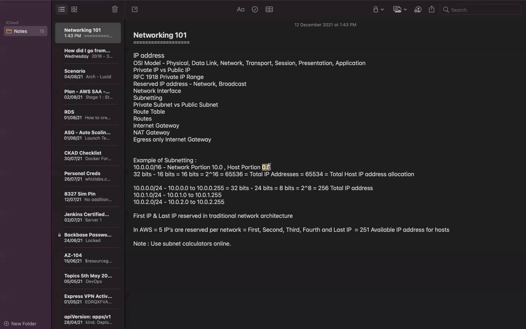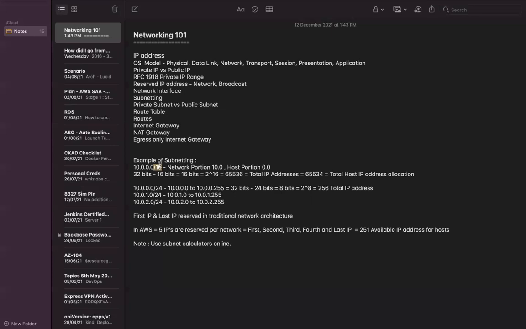So you can see over here, on the whole, an IPv4 address is 32 bits minus 16 bits, which are fixed for the network portion, which means you still have 16 bits, a combination of zeros and ones in binary. So that is 2 power 16 in terms of possibilities, which is 65,536 total IP addresses that you can have for this particular network.